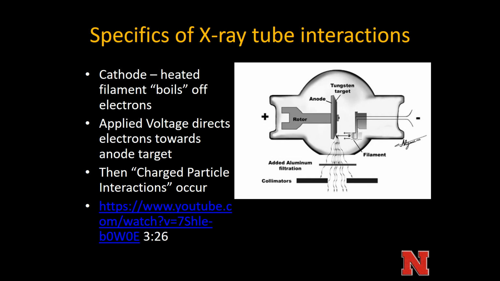It's a little more sophisticated than that because it takes a lot of energy to run one of these radiographic units. But essentially an electricity source is hooked up to the cathode, a filament is heated, and it boils off electrons. An applied voltage across the cathode to the anode directs those electrons so they're not just scattered all about, and it focuses them towards the anode target. Then those magical charged particle interactions occur.